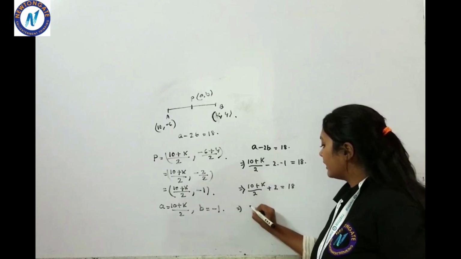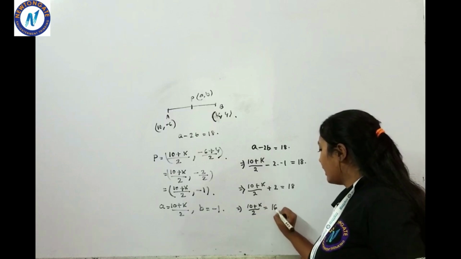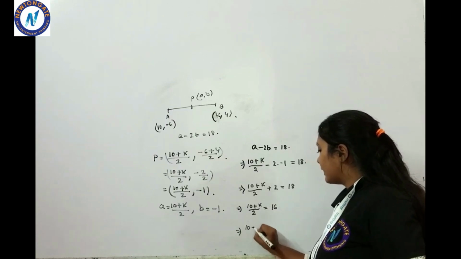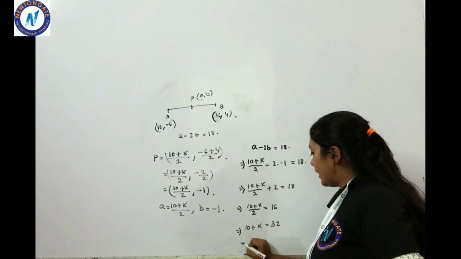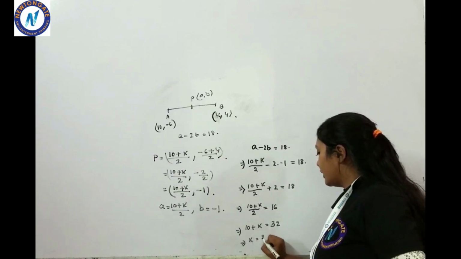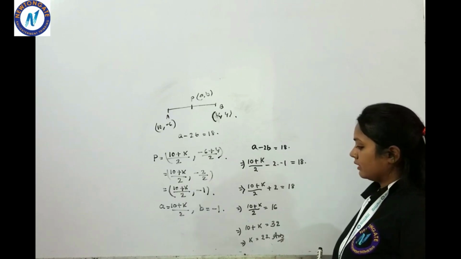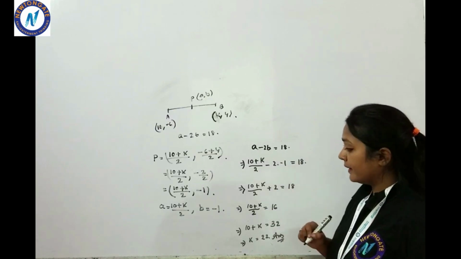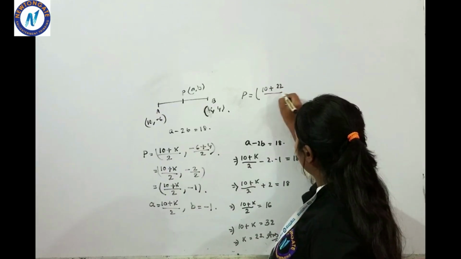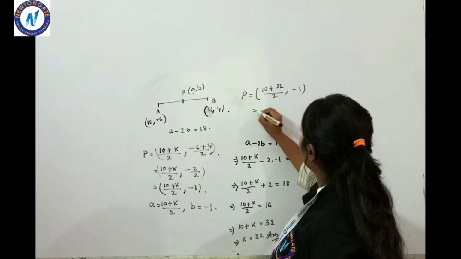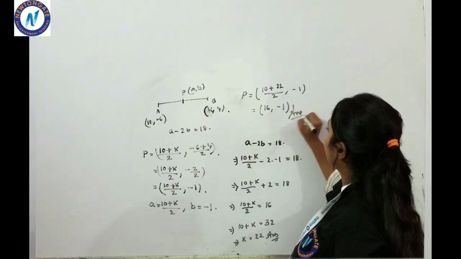That means 10 plus k by 2 equals 16, and 10 plus k equals 32. Then the value of k equals 22, and that is the answer. And that means the point P equals (10 plus 22 by 2, minus 1), that means 16, minus 1, and that is the answer.